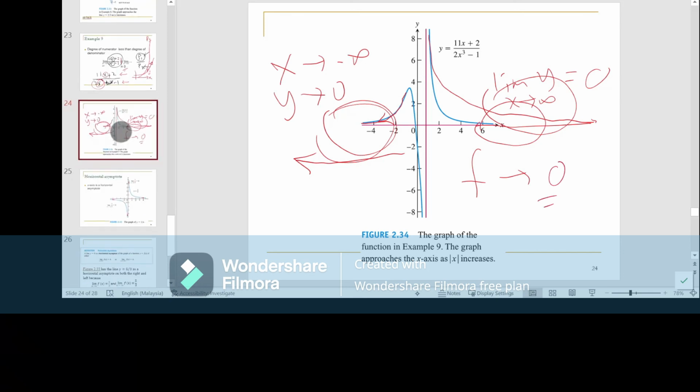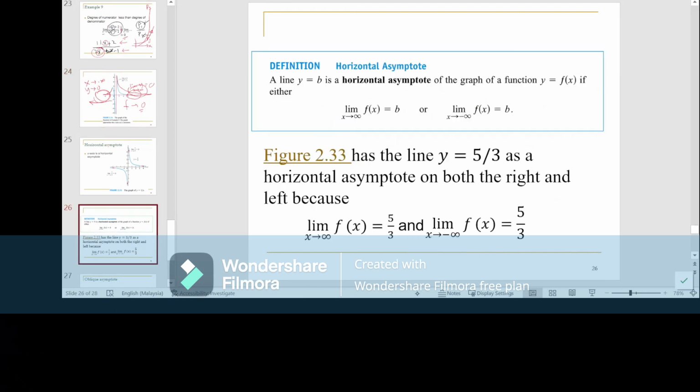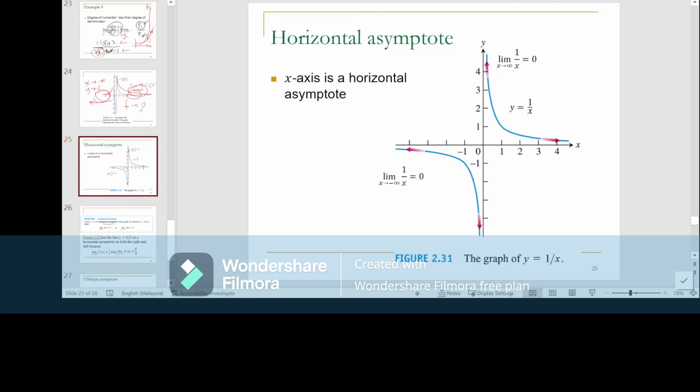So this limit of the functions is what we call the horizontal asymptote. For example, for 1 over x, when x tends to infinity, y will tend to 0. When x tends to negative infinity, the function 1 over x also tends to 0. Therefore, y equals 0 is what we call the horizontal asymptote for the function 1 over x.